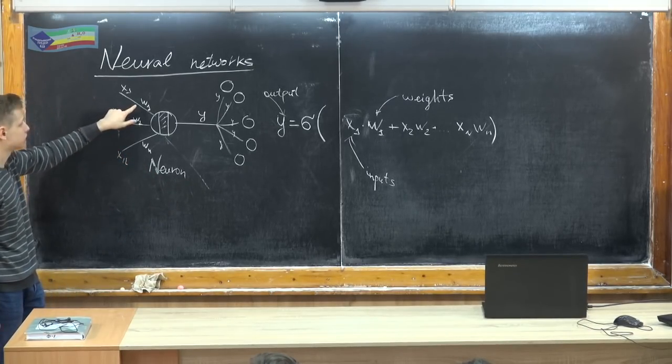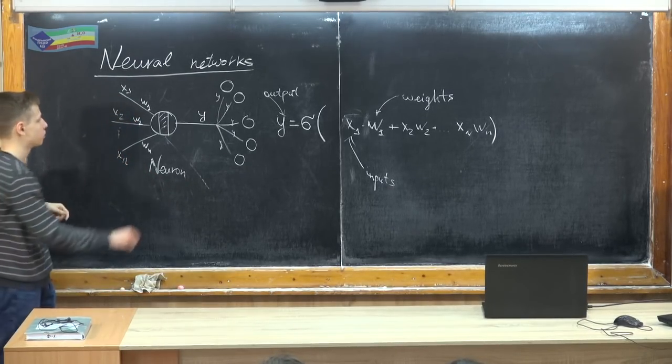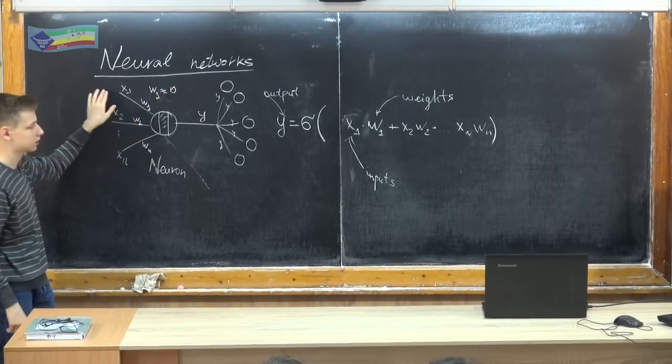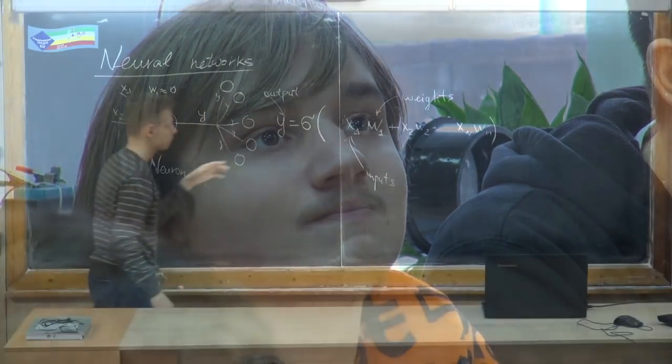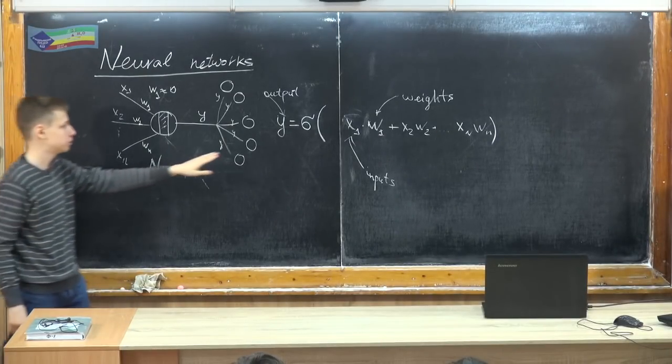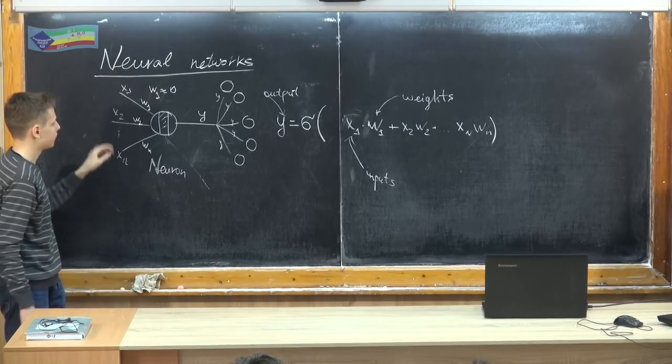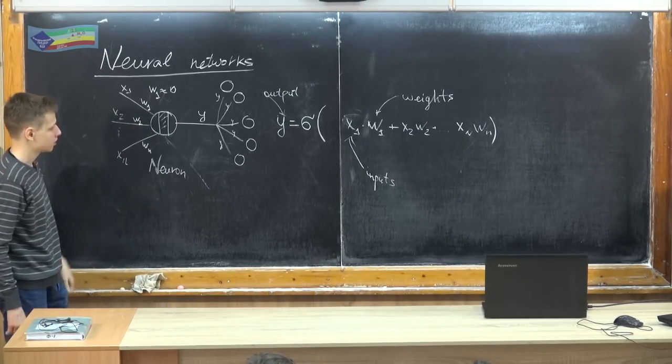If an input has a weight around 0, then this connection will have a small impact on the whole sum, and the output will be much less affected by this connection.